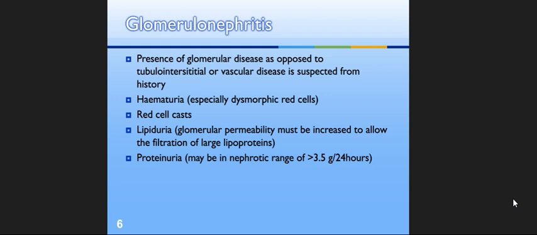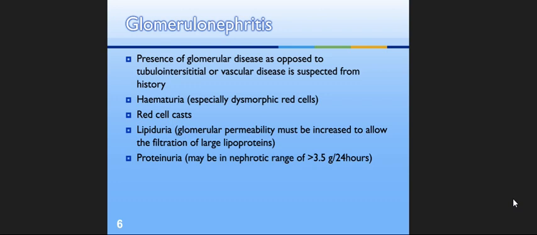Glomerular permeability must be increased to allow the filtration of large lipoproteins. So lipiduria means high permeability of glomeruli. And lipiduria nowadays is added to the definition of the nephrotic syndrome. We will discuss it later in the future.